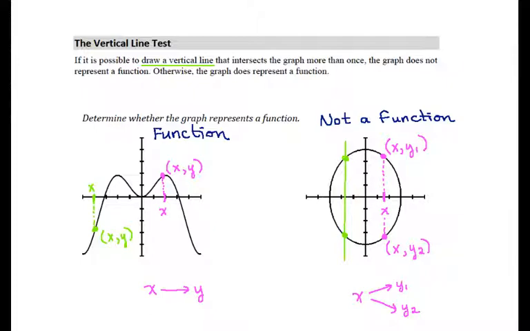If it is not possible to draw such a line, so let's use a different color here, if every such vertical line we draw only intersects the graph at 1 point, then we would say that it is a function. So we can see with these vertical lines here how we would apply the vertical line test.